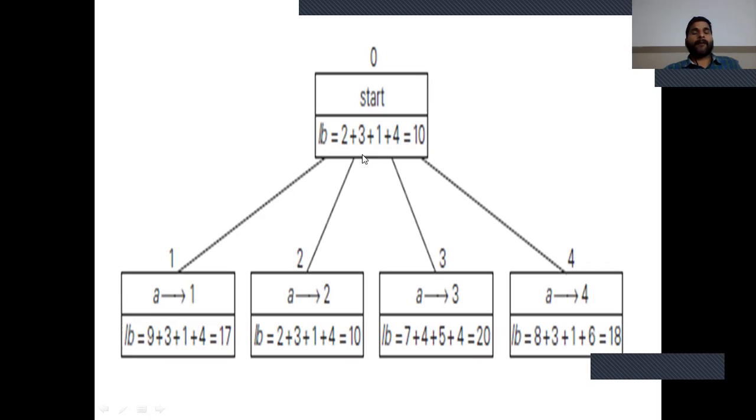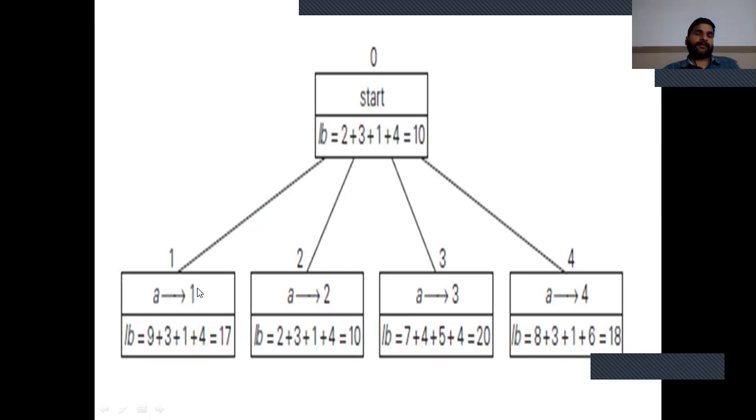Here we have options for assigning tasks to person A. In 4 tasks, suppose we assign job 1 to person A, job 2 to person A, job 3 to person A, or job 4 to person A. If we assign job 1 to person A, then we calculate the lower bound value.